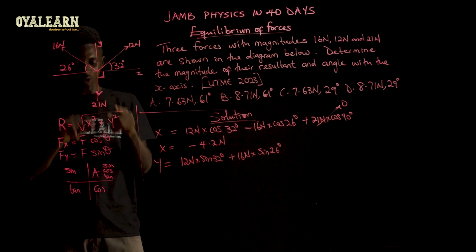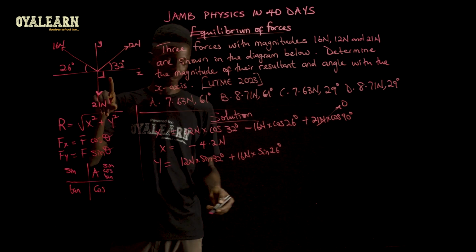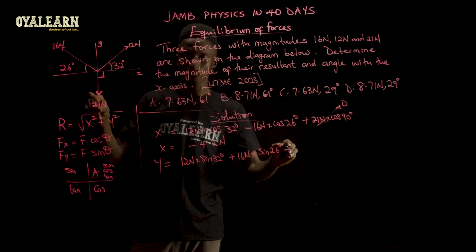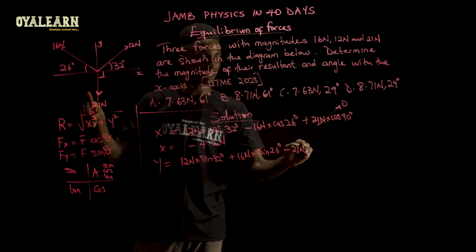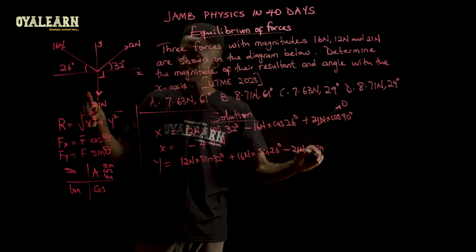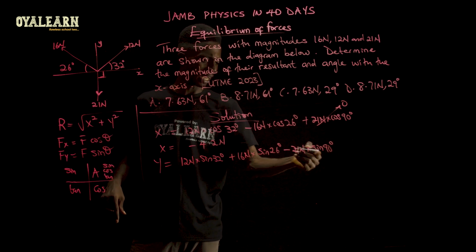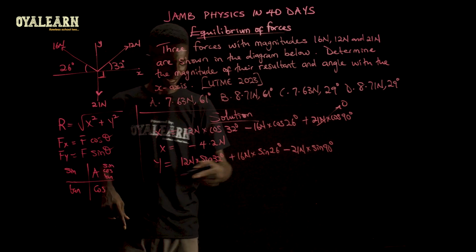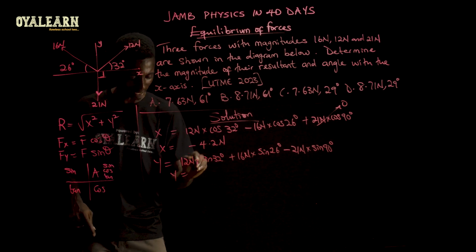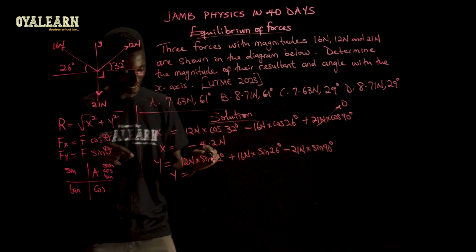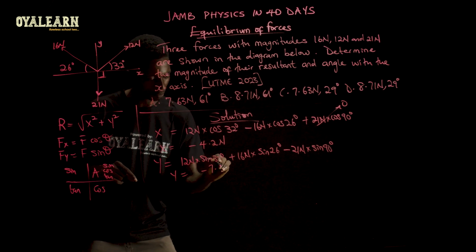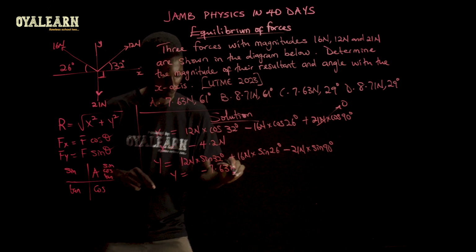And then in the fourth quadrant, sine becomes negative. So at this point, it will be minus 21 newtons multiplied by sine 90 degrees. Now, this will give you 1, and this will give you minus 21. So that means when we compute y here, what we are going to get is negative 7.63 newtons.